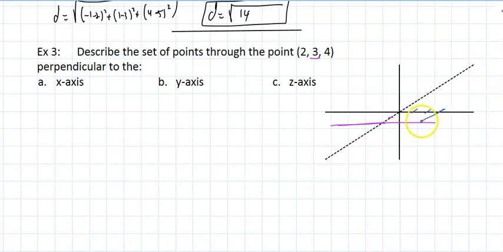And z is fixed at 4. So if I go up 4 on all ends, 1, 2, 3, 4.